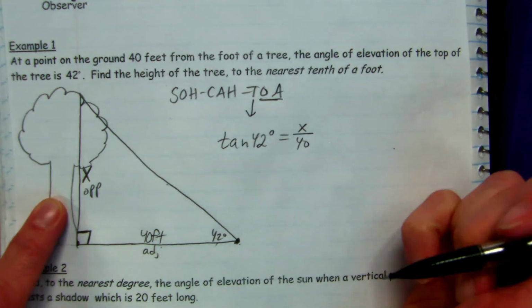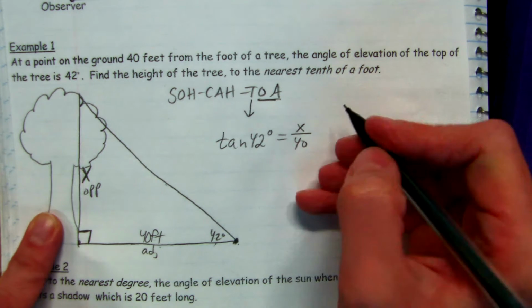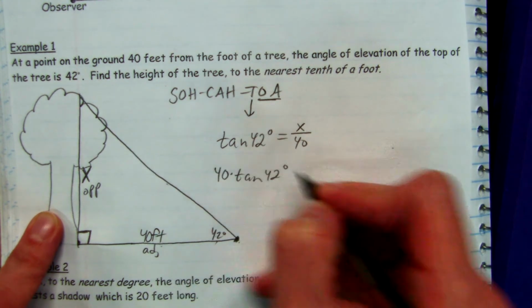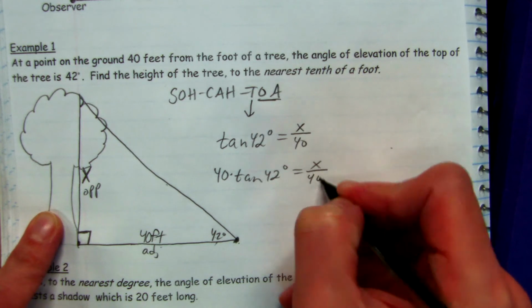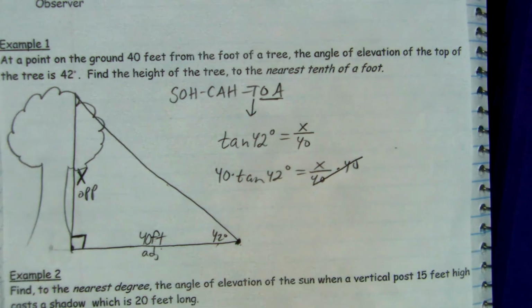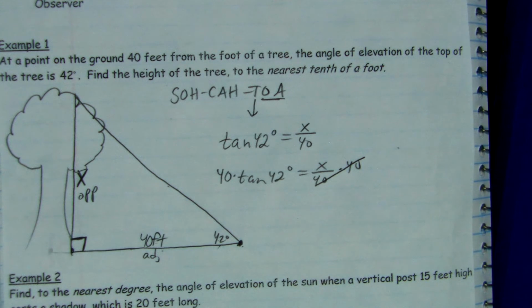All right, guys, tell me how to solve it. Multiply by 40. Multiply both sides by 40. So I'm going to take 40 times tangent of 42 degrees, and I'm going to take x divided by 40 times 40, which gets rid of that fraction. And then we're going to type that into our calculators, which I should have gotten mine out already.